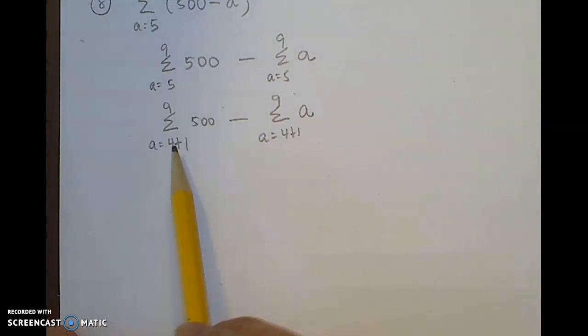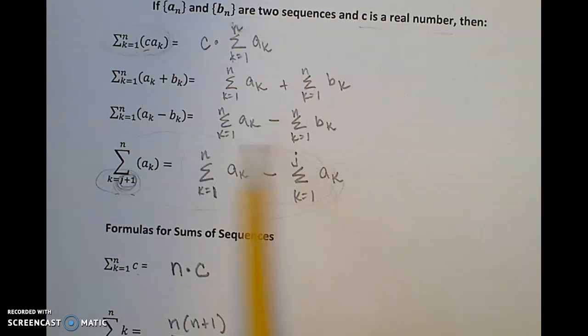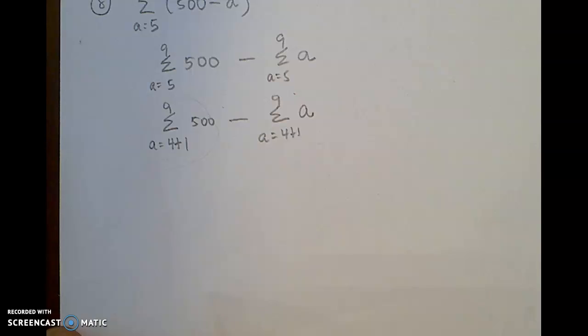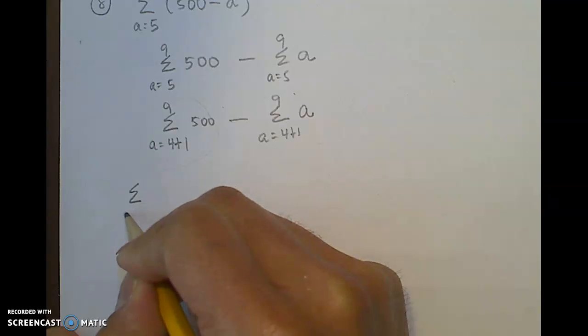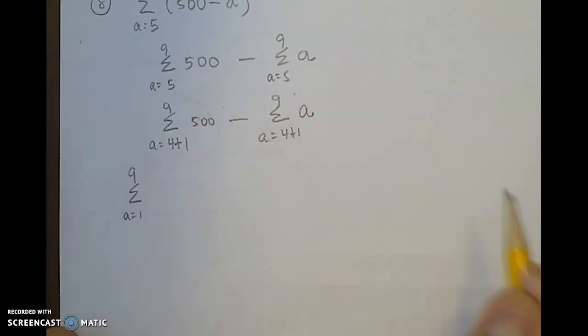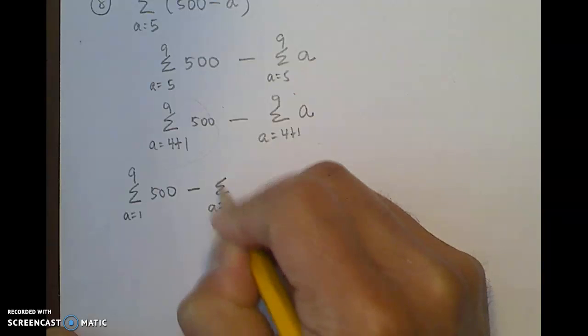Now we want to find this summation. I'm going to be referencing this formula right here, this setup for initial value term j plus 1. For this, it's going to be from 1 to 9 minus from 1 to 4.